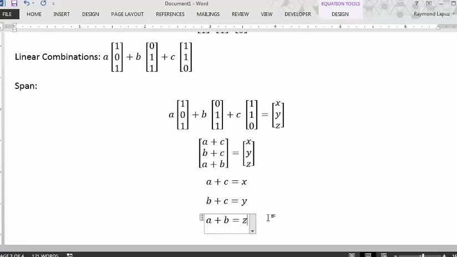So this is a little bit more challenging or more interesting. What we can do is we can think about writing this as a 3 by 3 matrix augmented with x, y, z. So let's see how this is going to look.